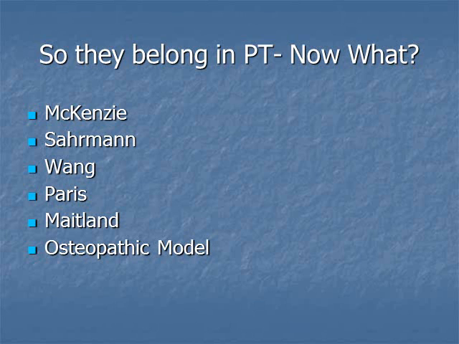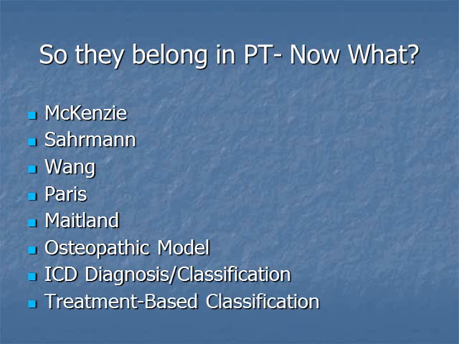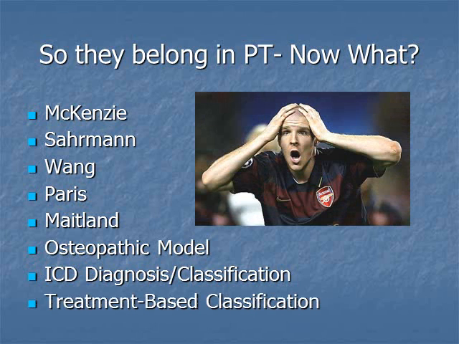Some of you may be exposed to the ICD classification process. We have a treatment classification. How do we best decide which model to use, and how do we apply this to our patient? This can lead us to tearing our hair out. So let's see what the evidence may suggest and what our experience suggests.